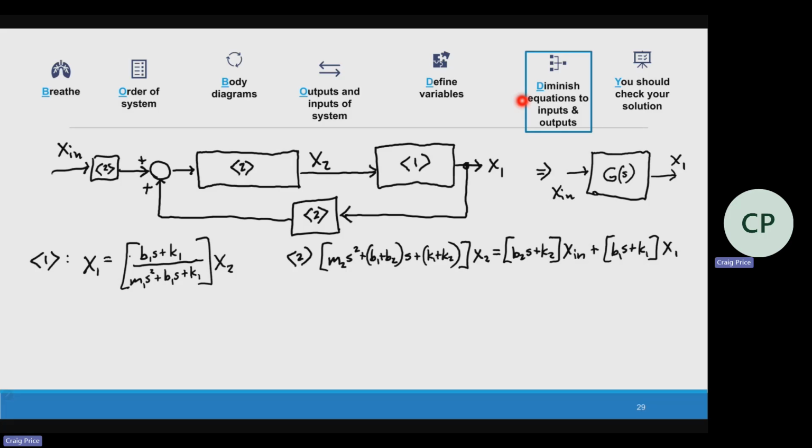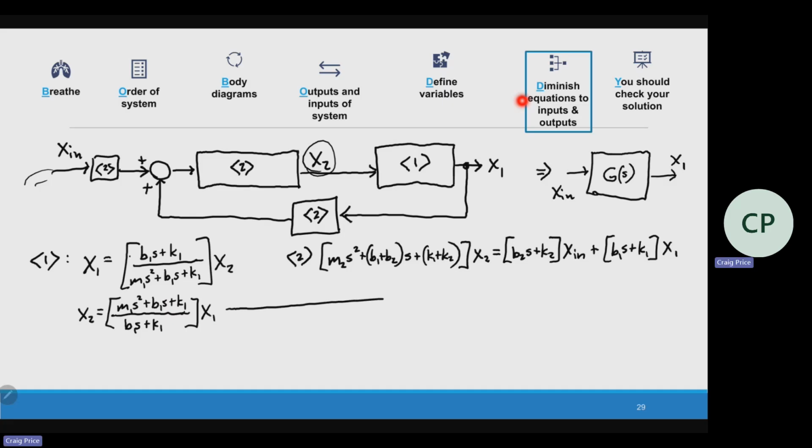So that's what we're going to do here. I don't really care about x2. That's not something I really care about. So I can take this first equation and just rearrange it. So we get m1 s squared plus b1s plus k1 over b1s plus k1 times x1.